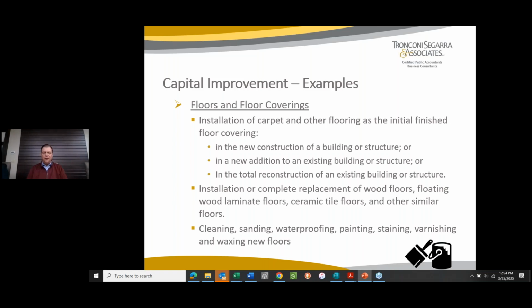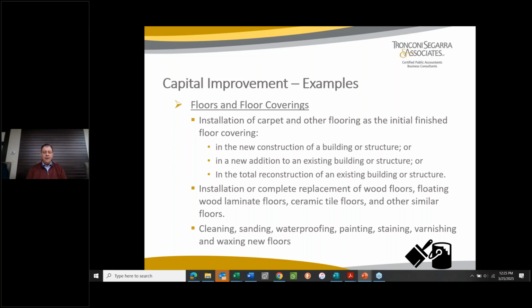And with floors and floor covering, there's two things you really need to look at. If it's a floor covering, if it's a carpet, if it's vinyl tile, if it's carpet tile, it's an exempt capital improvement as long as it's the installation of the initial floor covering, right?